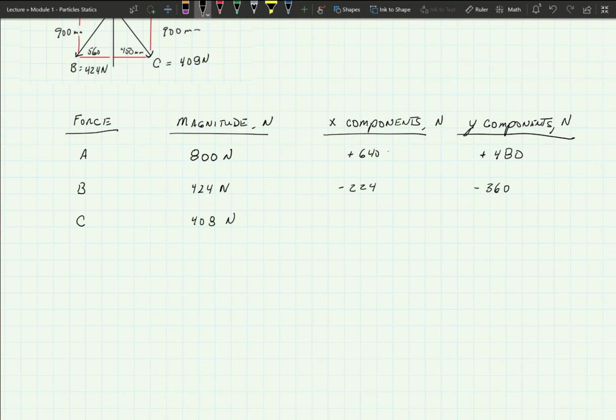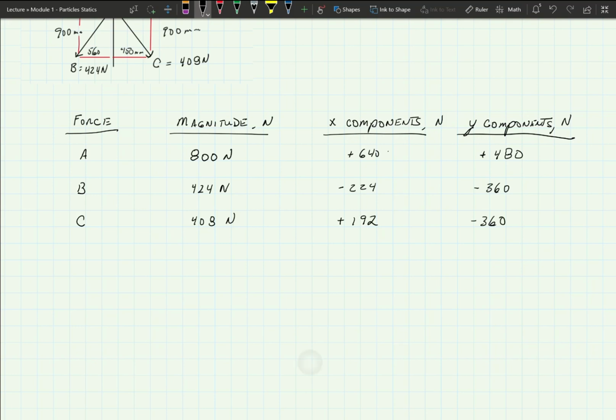Okay? And then we go down to the force on vector C, and it was 408. And I'm doing newtons all the way up and down that one, so I'm going to be consistent even though I don't have to because I put it up in the table. Good engineering format, and I'm violating it. The x component is 192, and the y component was negative 360 again. Okay?